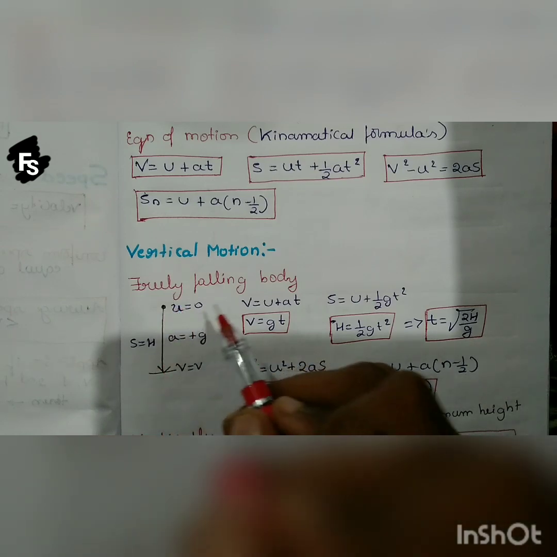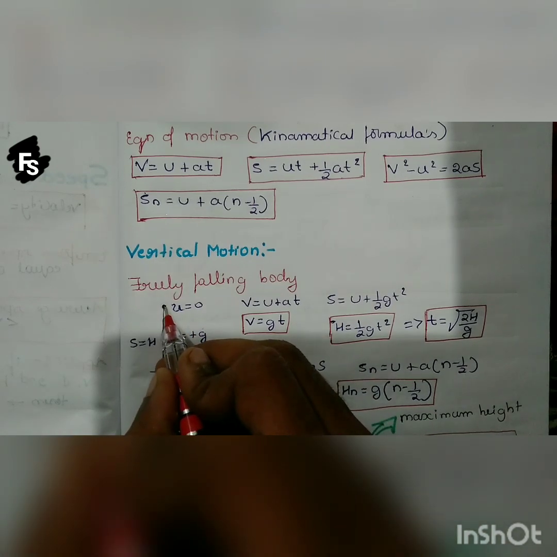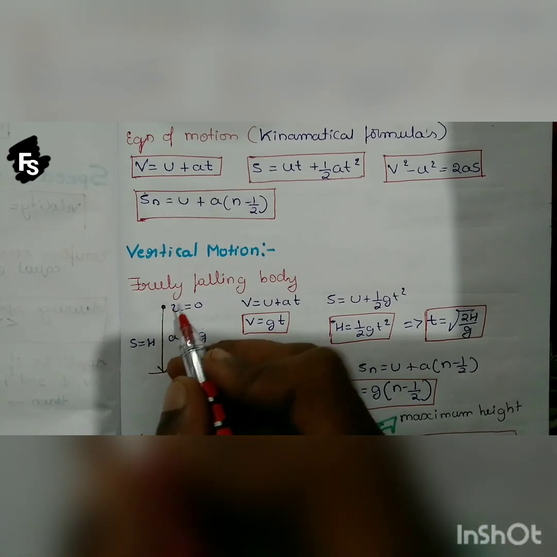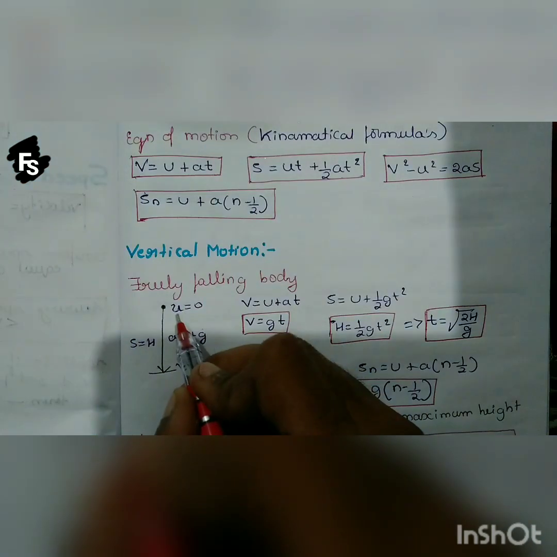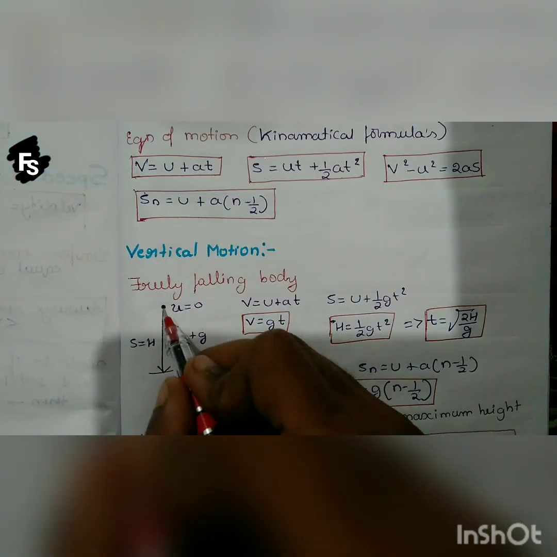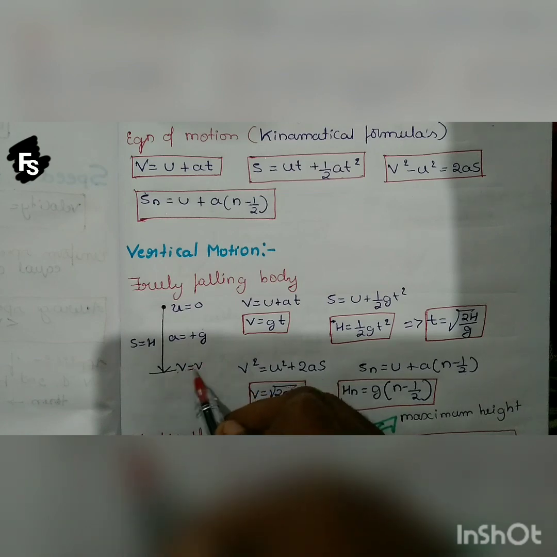What happens when a body is freely falling? Its initial velocity is zero because the body is at the top. The body is stable, so the initial velocity is zero. On moving downwards, on reaching the ground, the final velocity becomes v because it is accelerated.